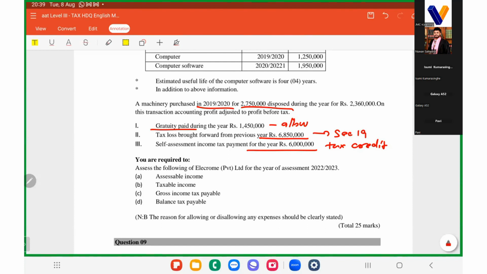Student, give me 1 minute, right? There is a problem in the network, so I will solve it within 1 minute. Please give me 1 minute.